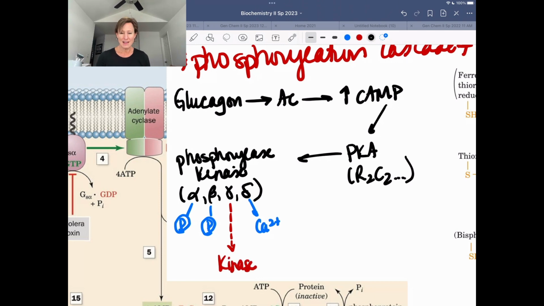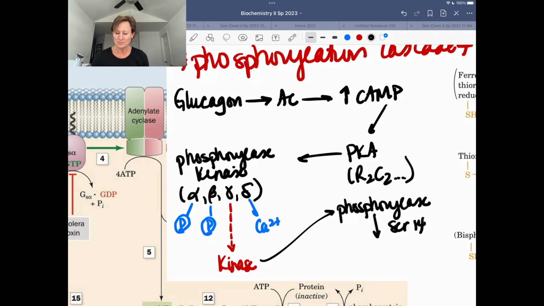That kinase domain is going to activate phosphorylase. Phosphorylase is the enzyme that we're going to be phosphorylating on that serine 14. And ultimately, when that serine 14 is phosphorylated, it's going to be locked in with those arginine residues. And so that N-terminus is not going to be buried. It's going to be out.